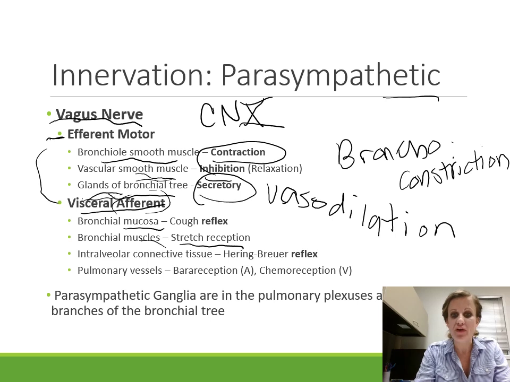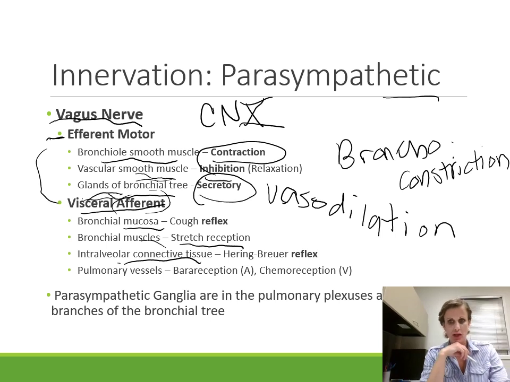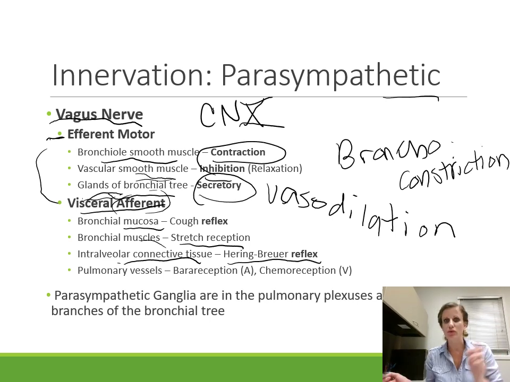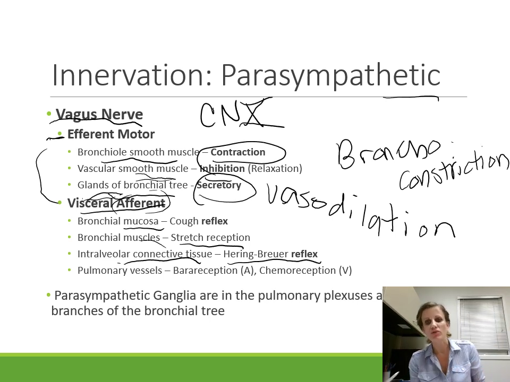Along the same lines, preventing overstretching, we have afferent fibers that carry signals from the intra-alveolar connective tissue. And these, again, are stretch receptors. So as the intra-alveolar connective tissue, the tissue deep in the lungs, stretches, it can stimulate these receptors, and that triggers something called the Hering-Breuer reflex.